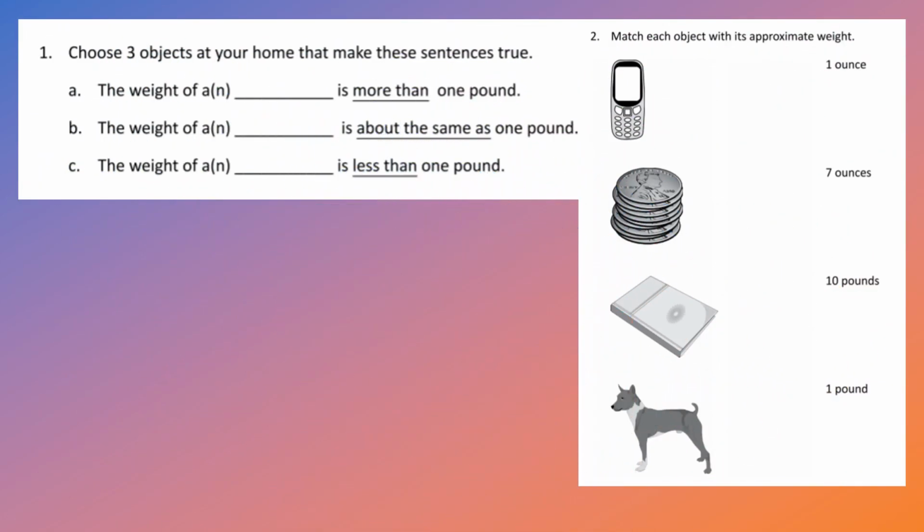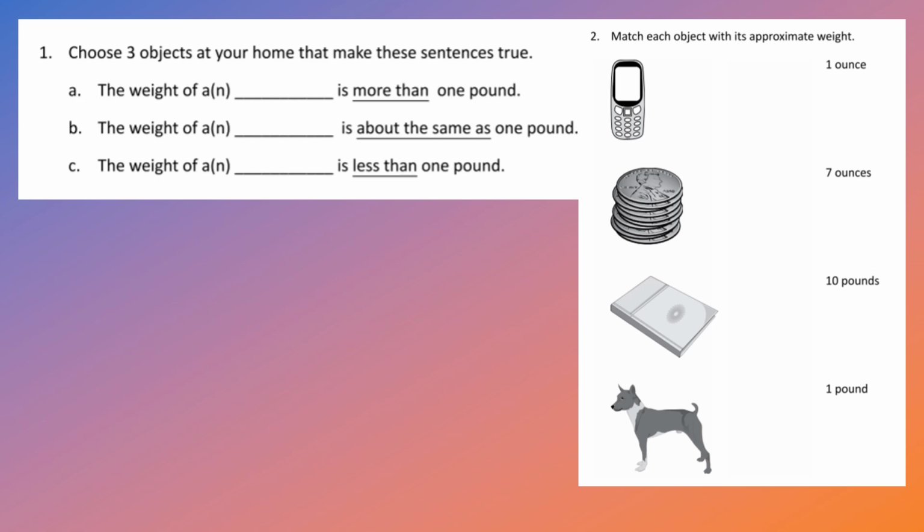Number one says, choose three objects at your home that make these sentences true. Now, you can choose any three objects at your home. Just make sure that they make sense to make these sentences true, okay? So, the three objects that I chose in my home are as follows.